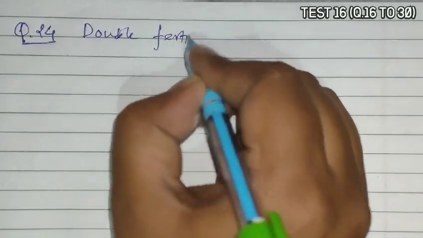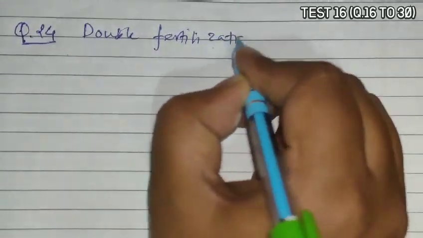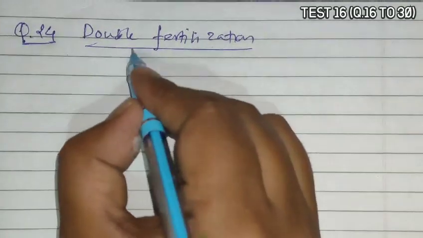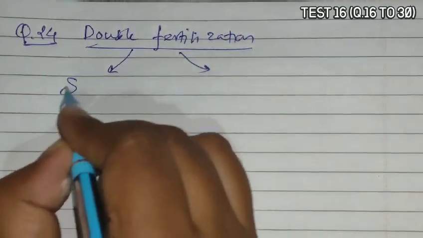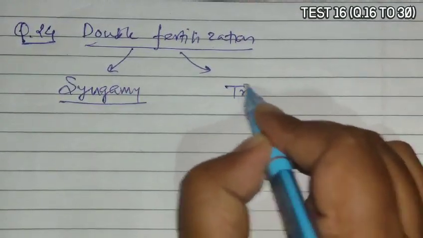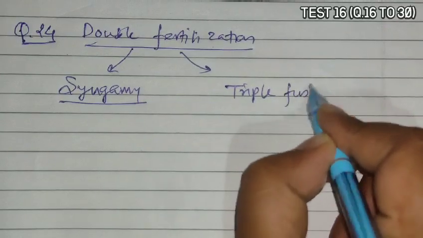Question 24 asks that double fertilization is a fusion of. Now in double fertilization, you know that two processes are involved. One is known as syngamy and one is known as triple fusion.